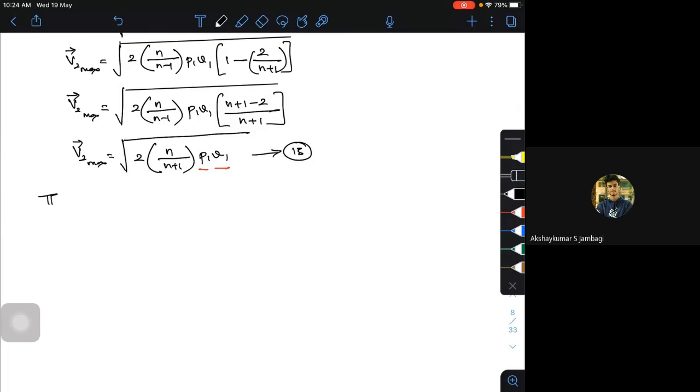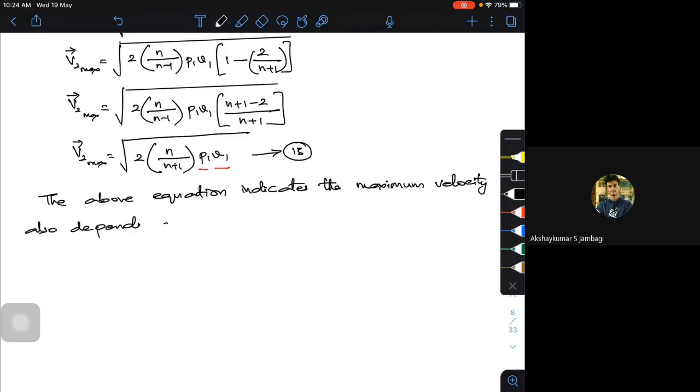The above equation indicates that the exit velocity or the maximum velocity also depends on the initial conditions, that is P1 V1 and the condition of the steam.